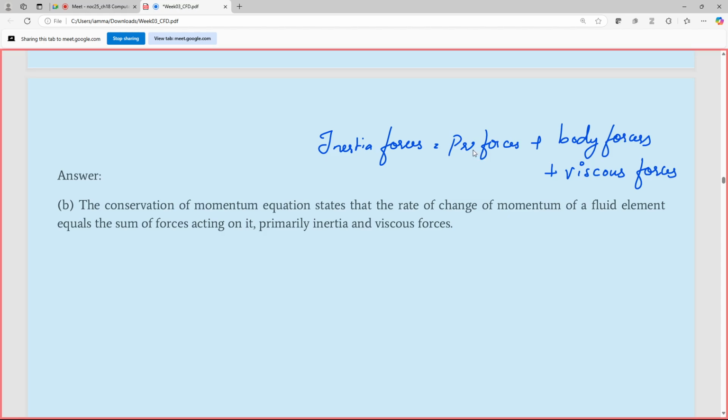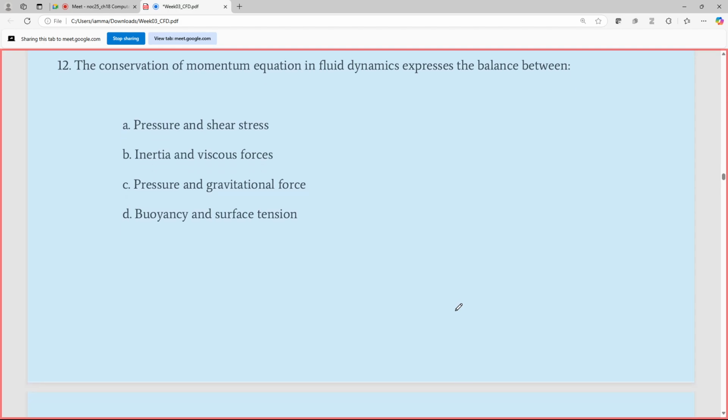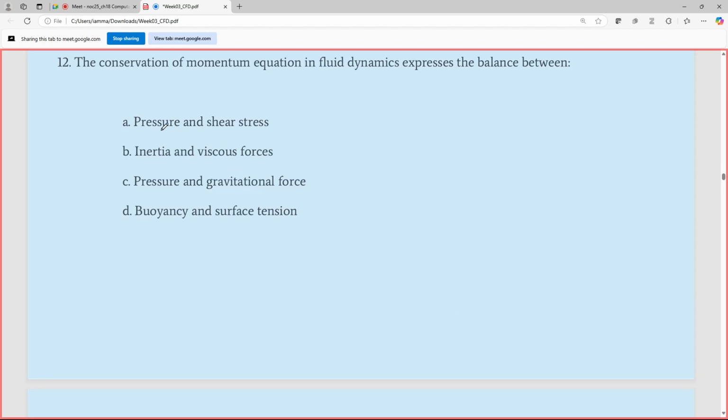So here in the given combinations, if you see, the first one is pressure and shear stress. Pressure and shear stress is not a valid option, as pressure forces or shear stress as a force is not mentioned. Option B, inertia force is on the left side and viscous forces are on the right side, so that strikes a balance.